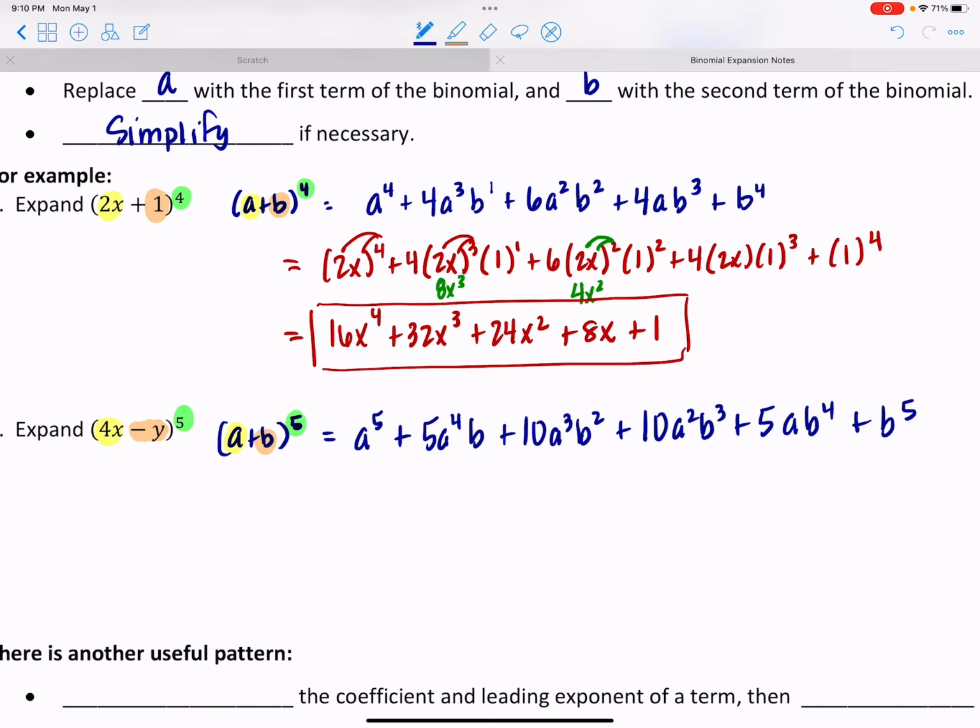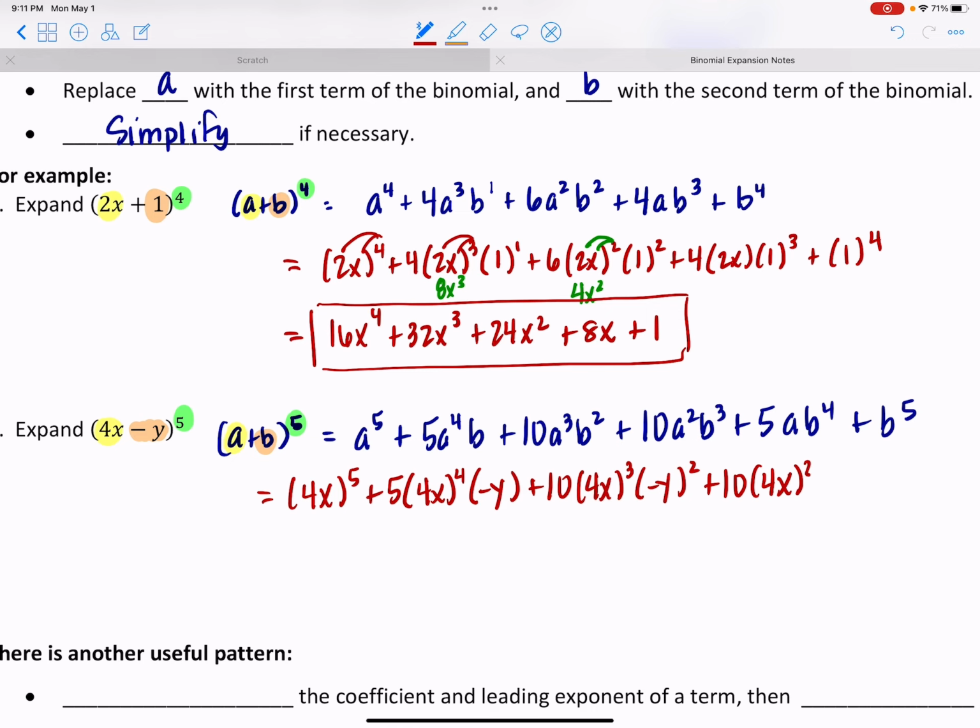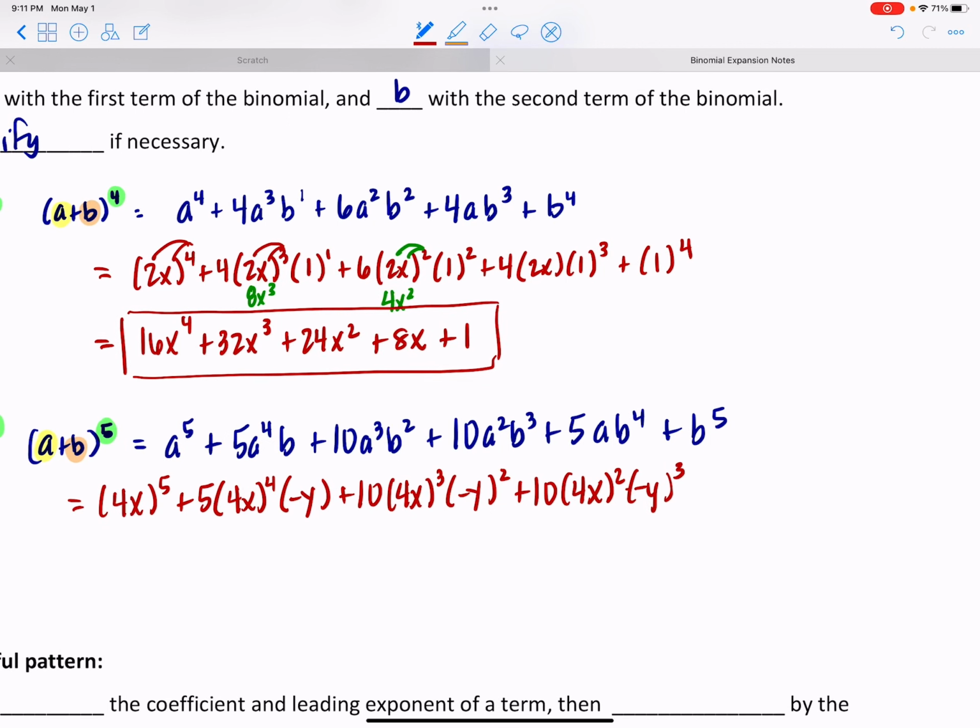And so this becomes, instead of a to the fifth, 4x to the fifth, plus 5 times 4x to the fourth times b, which is a negative y, and then 10 times 4x cubed times a negative y squared, and then 10 times 4x squared and a negative y cubed, and then 5 times a 4x and a negative y to the fourth, and then finally a negative y to the fifth.